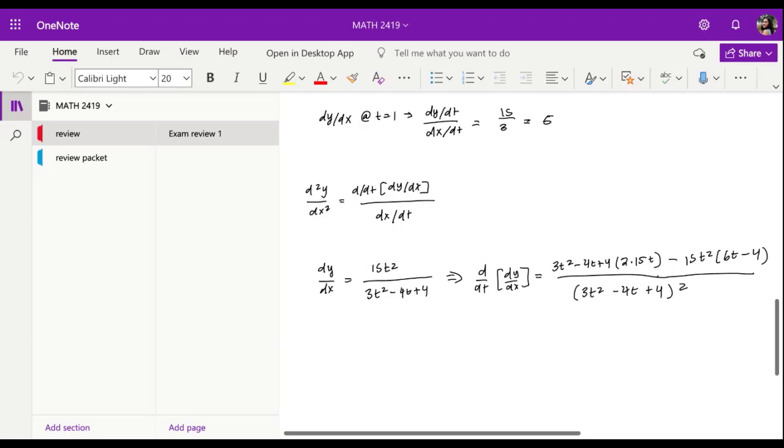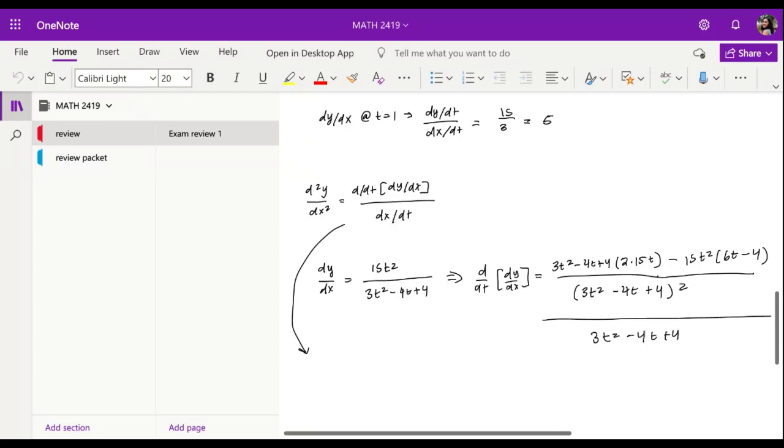So now this is just the numerator portion, so we actually have to put it over dx dt again. It's a common mistake, and it's pretty easy to forget to do that, so make sure you don't forget, and remember to put dx dt on the denominator. So we have this whole thing again, and we're going to put it over 3t squared minus 4t plus 4 again.